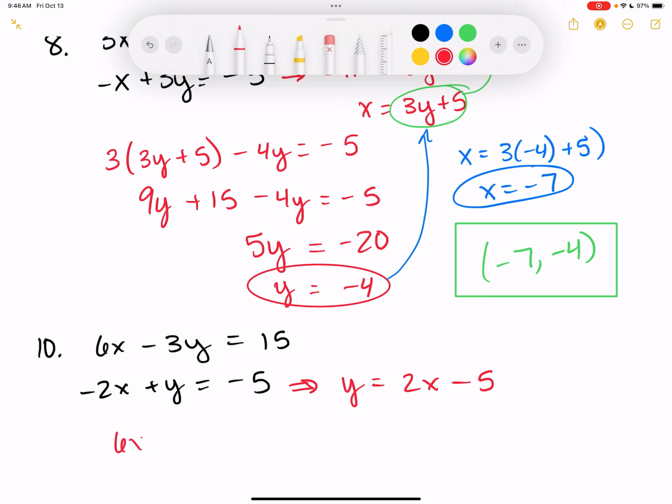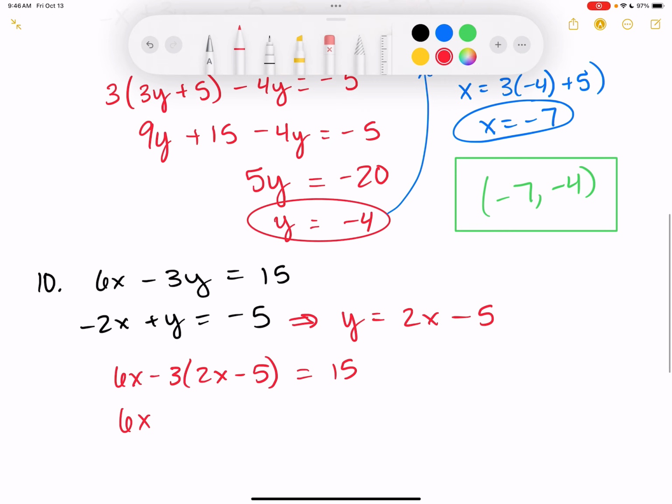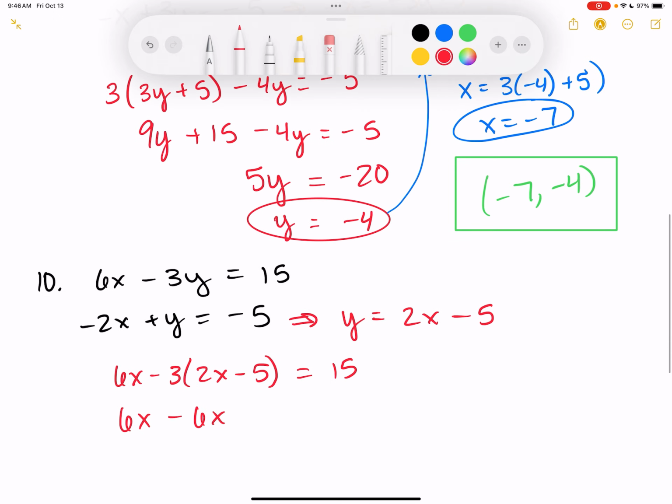So 6x minus 3 times 2x minus 5 equals 15. So 6x minus 6x plus 15 equals 15. So the 6x's are going to cancel. So that leaves you a 0. Subtract 15. That gives you 0.